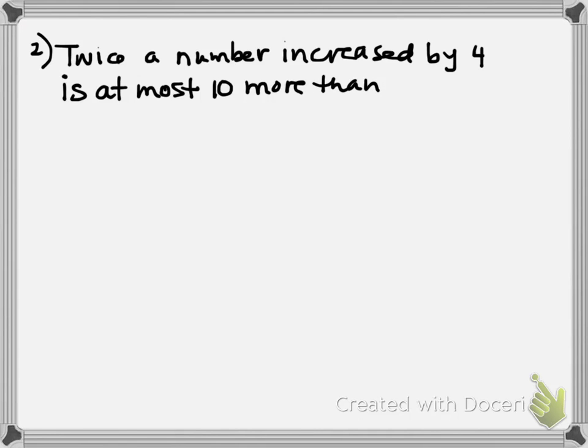I don't know if this is going to mess it all up. So twice a number increased by 4 is at most 10 more than that number. Actually, let's try this. I think I'm going to change more than to less than.